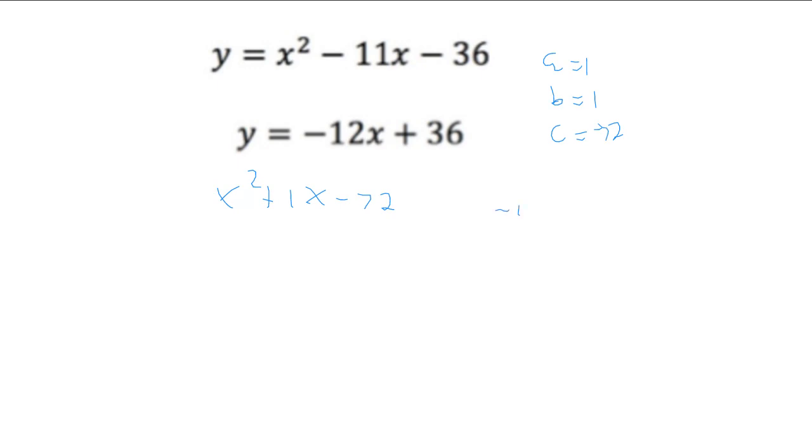So negative b, so you've got negative b plus or minus the square root of 1 squared, which is 1, minus 4 times a times c, so 4 times 1 times 72. Not exactly sure what that's going to be, but it does work. You could do it either way. I would highly recommend just sticking with factoring if you can. But if you can't, you can go to any method you want.